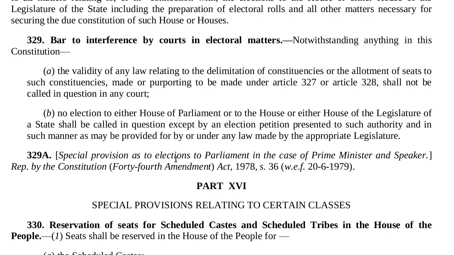Special provisions as to elections to Parliament in the case of Prime Minister and Speaker. Repealed by the Constitution 44th Amendment Act 1978, Section 36, with effect from 20 June 1979. Part 16. Special provisions relating to certain classes.